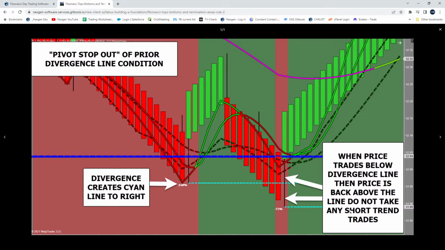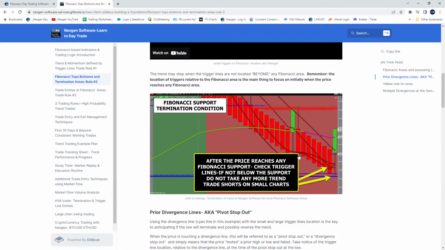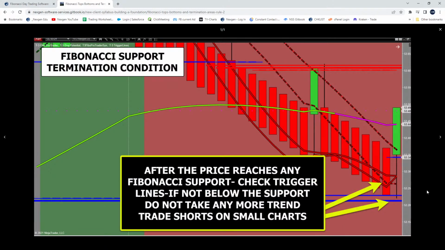Now, this is compounded and exacerbated, if you will, when you have fib support, one-to-ones, lots of other things, and then you add trigger line location to it, which we talk about a lot in the material.